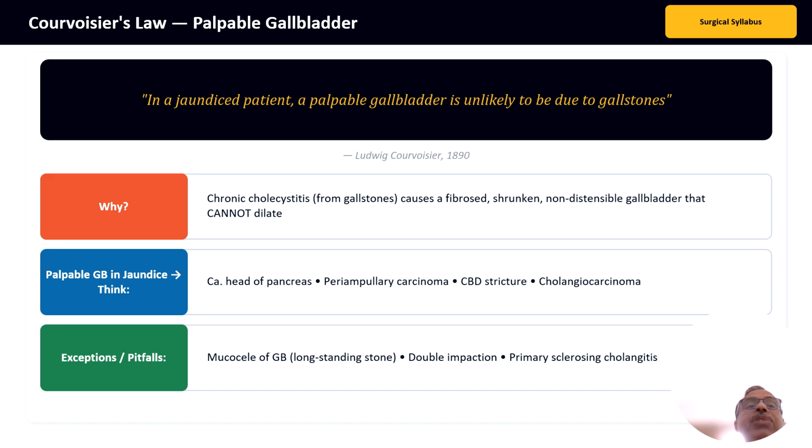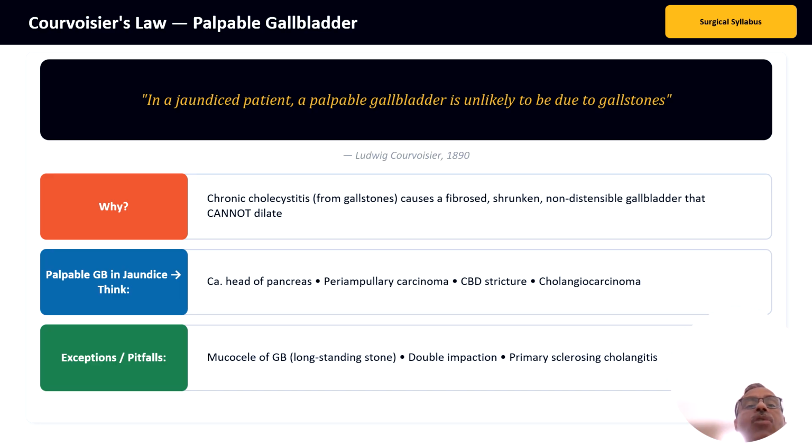Of course, there are exceptions to Courvoisier's law, or pitfalls to it. Number one is double impaction. That means one stone is in the common bile duct and one is in the cystic duct. That is also an exception. In such a case, even though the stones are present, the gallbladder will still be palpable because of mucocele.